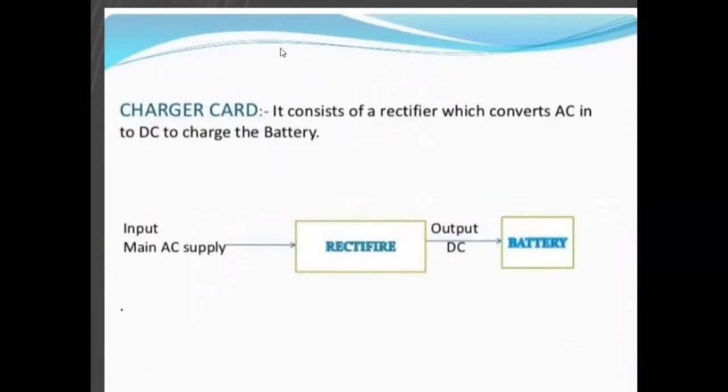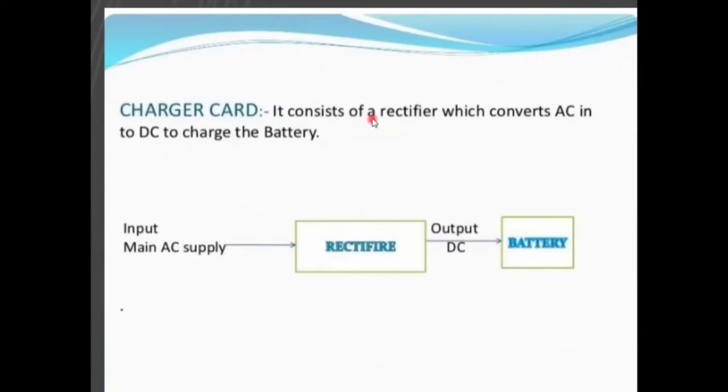Then comes the charger card. It consists of a rectifier which converts AC into DC to charge the battery. This is the block of the charger card, and this is the input point. This one is the rectifier, and this is the rectifier output, as a result, DC output, and this is connected to the battery. Battery is the backup of UPS.